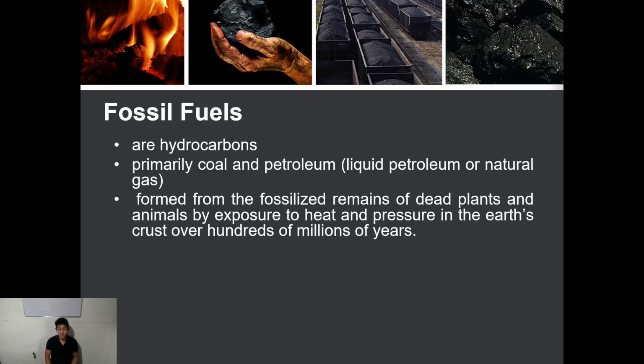These plants and animals are buried underneath, and due to the extreme heat and pressure in the Earth's crust, it is formed into sedimentary rocks, which is coal, and turned into liquid petroleum or natural gas.